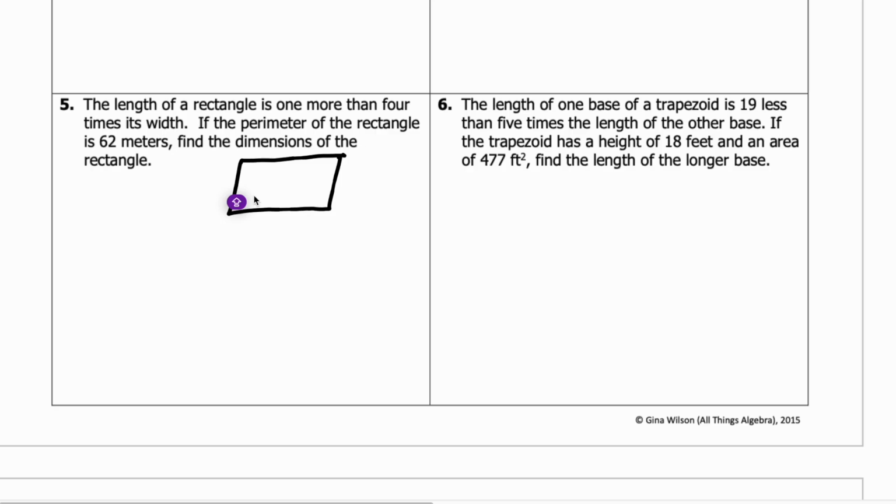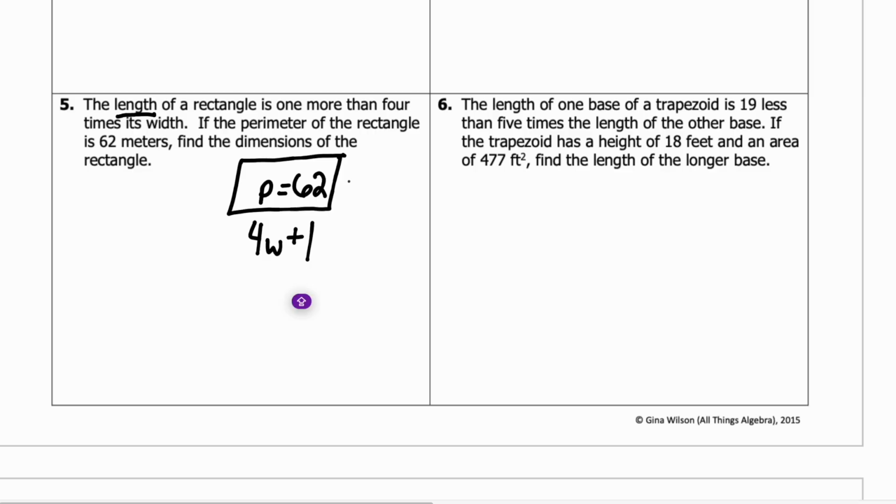So we have a rectangle, and they tell us that the perimeter equals 62. We know that the perimeter is the distance around our rectangle. And it says the length, the long side of the rectangle, is 1 more than 4 times its width. If I have 4 times my width plus 1 more, that's going to be my length.